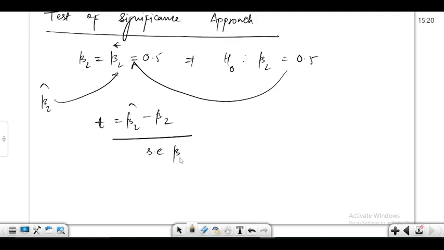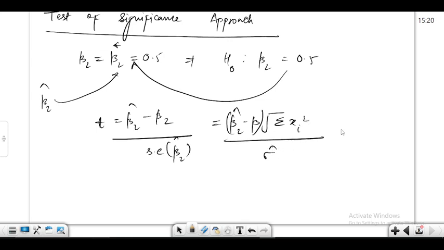So we have already seen this formula, which is equal to beta 2 hat minus beta 2 star, into the square root of summation xi square, upon sigma hat, and the degrees of freedom.